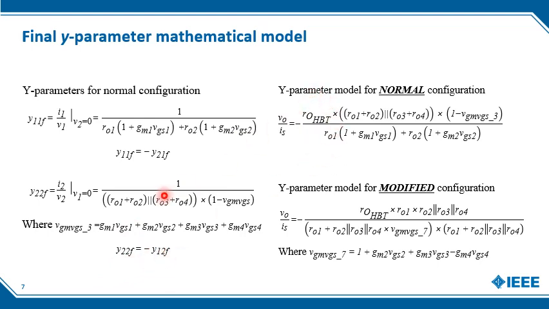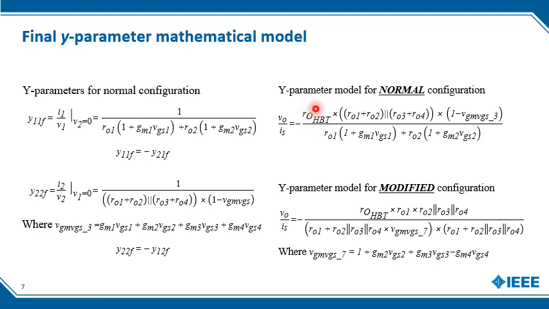When we combined all of this, we found the final model for the normal configuration for Y parameters is this. ROHPT is the output resistance of the pixel. Now, we use diode-connected BJTs, and when we short the base and the emitter, the eventual small signal model is only an output resistance, hence it's included here.